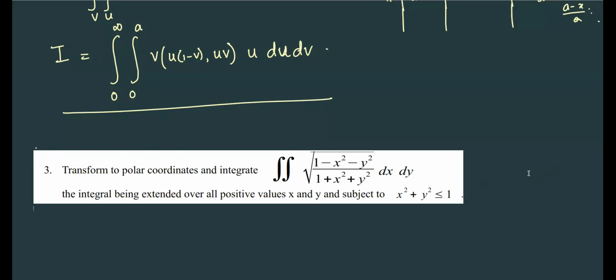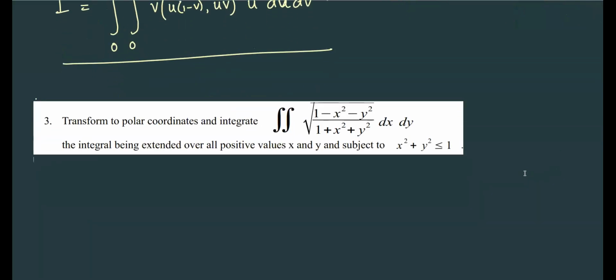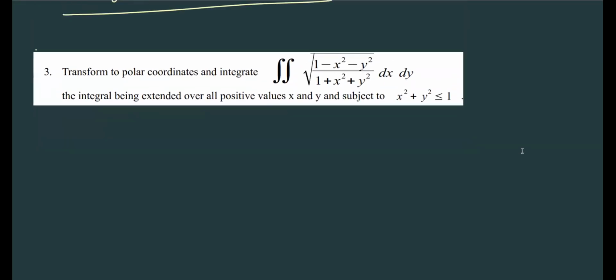The last one, transform to polar coordinates. Now the integral is being extended over all positive values x and y subject to x square plus y square less than 1. So what is this?